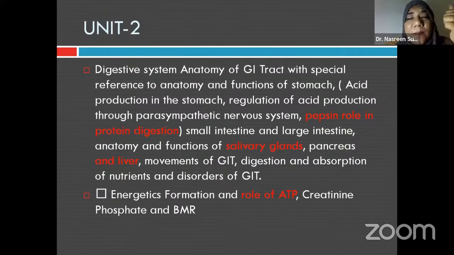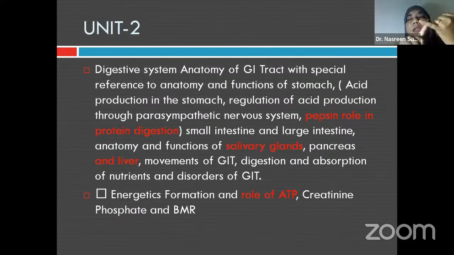For example, in the mouth, what movement will be present? Chewing and swallowing. Then in the stomach, there will be peristaltic movements. In the pharynx, there will be no mechanical digestion, only the food will pass from your oral cavity to the esophagus. So like that, you study first for every organ.